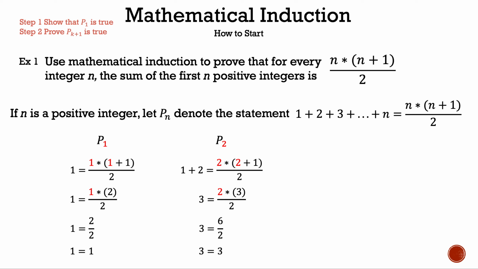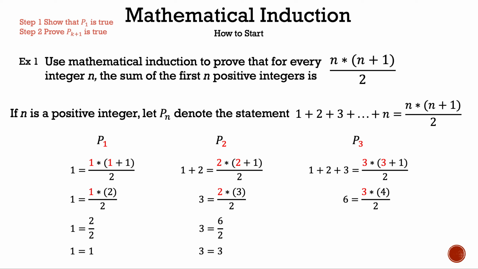What does this mean? Well, if we add the first two positive integers, 1 and 2, the result will be 3. Now, let's take a look at P sub 3, where we have substituted 3 for every n that we see. And now we have 1 plus 2 plus 3 is equal to 3 times the quantity of 3 plus 1 divided by 2. Now, let's simplify by adding the numbers on the left side of the equal sign, and 1 plus 2 plus 3 is 6.